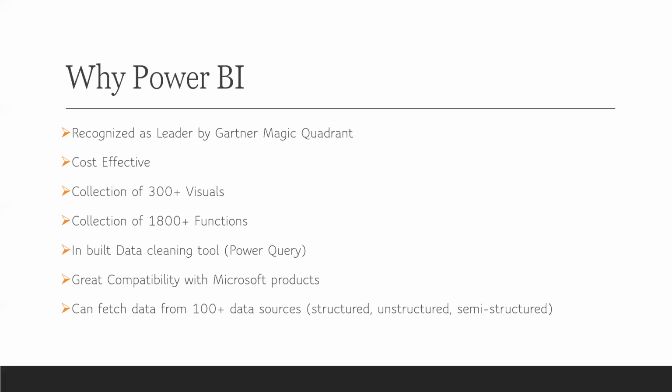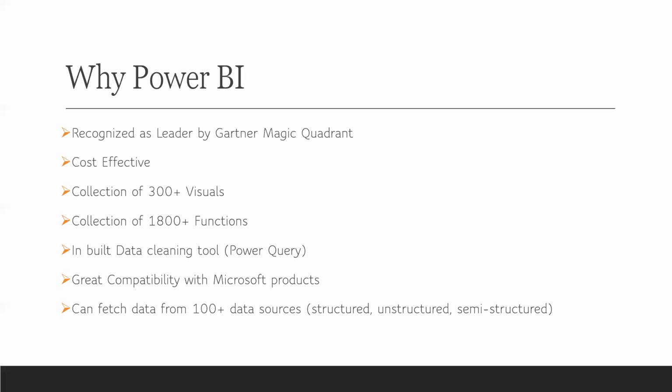And then it also has a data cleaning tool called Power Query. Any business intelligence tool needs a data cleaning tool, and Power BI has this available as part of the tool. It's called Power Query. And then it has great compatibility with all Microsoft products.